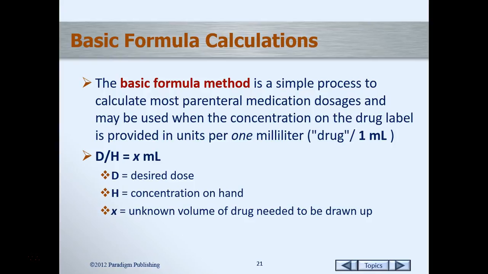So D is the desired dose. H is the concentration we have on hand, and it's implied that it's over 1. So that's why we don't have any additional information.